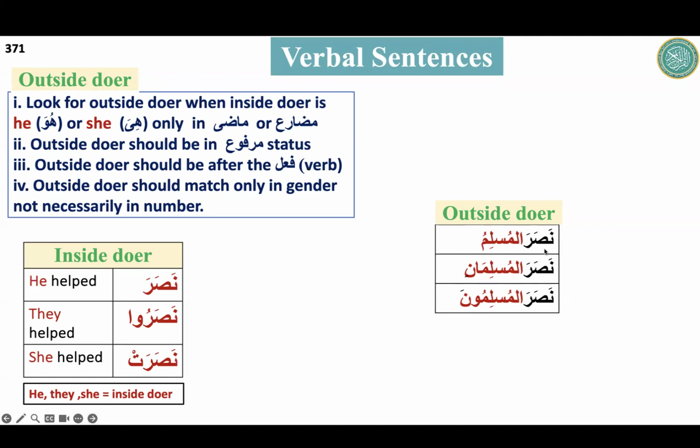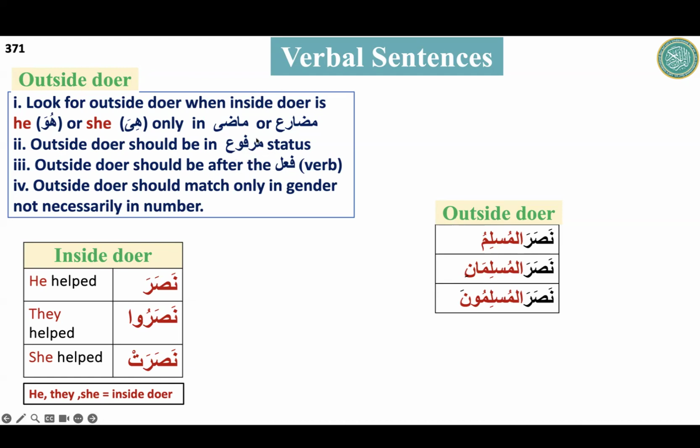So go ahead, please. When we read the verb and if it is in third person, gender could be male or female, feminine or masculine, you always look for the outside doer. For example, here Nasara is a masculine gender, he helped. Since it fits into this pattern, we need to find out the outside doer.